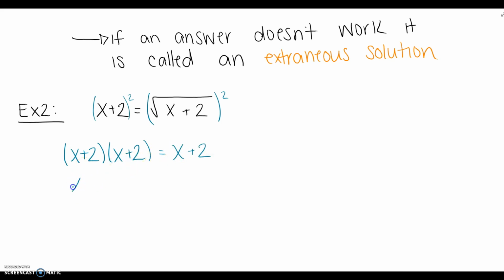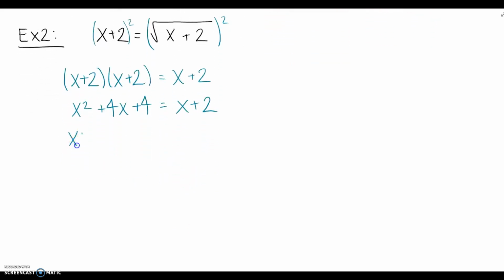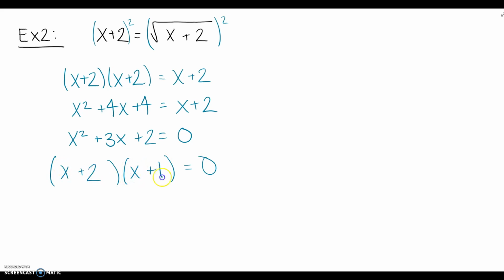So just double distributing, we get x squared, and then 2x and 2x will give us 4x, and 2 times 2 will give us 4. And then I'm going to move everything to one side. 4 minus 1 is going to be 3. And 4 minus 2 is going to be 2. And what multiplies to 2 and adds to 3? It's going to be 2 and 1.